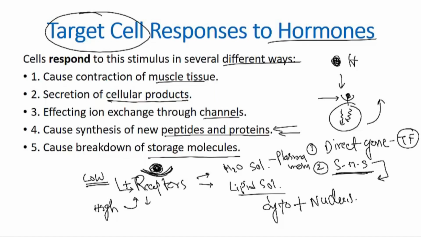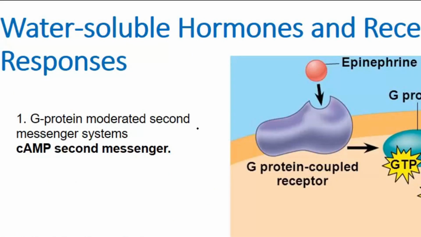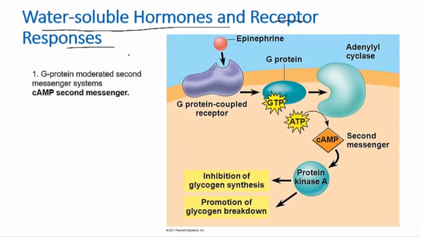Now not all the cells have the receptors for all hormones, and some cells respond differently to different concentrations of the hormone. Now let's look at the first type of hormones that we want to talk about, that is the water soluble hormones, and the receptor response mediated by the water soluble hormones. The water soluble hormones are the peptide type of hormones.